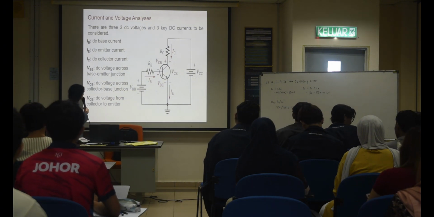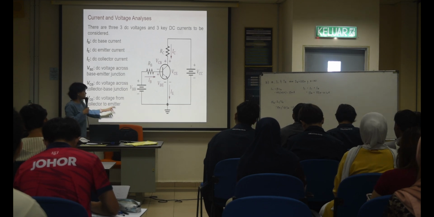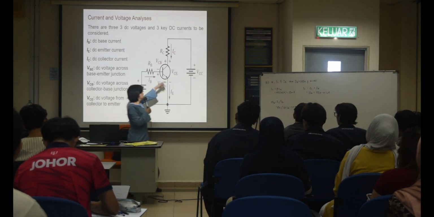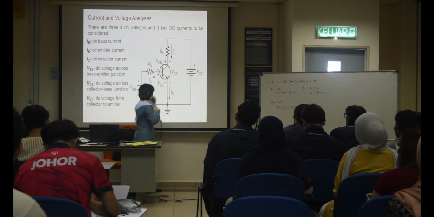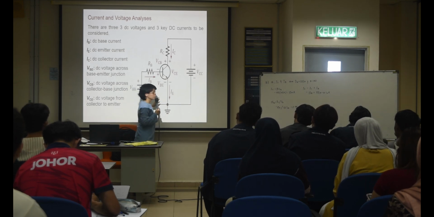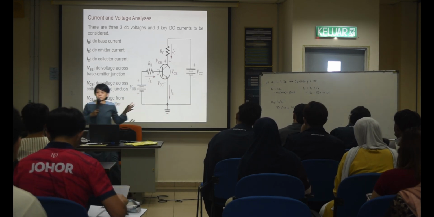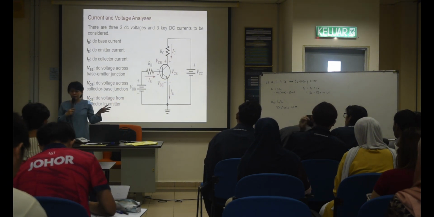And then you have the voltage VCE, between C and E, the collector to emitter. All of this is information you need later to calculate. Clear? Okay.